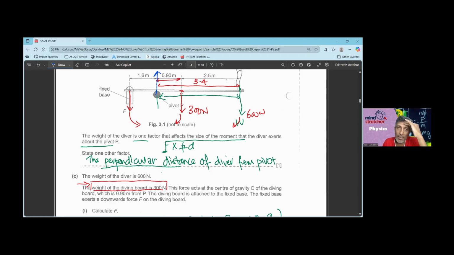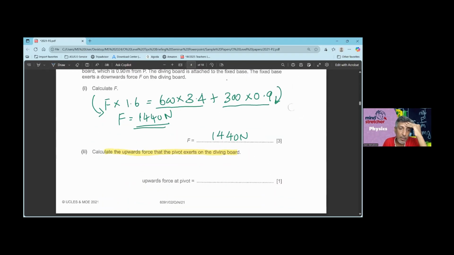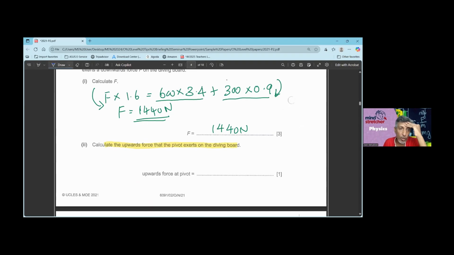What is condition number 1? All the forces, the net force must be 0. So you look at this, this force, this force, this force are all acting down. So the force at the pivot is acting up. So the upward force must be equal to all the downward force.